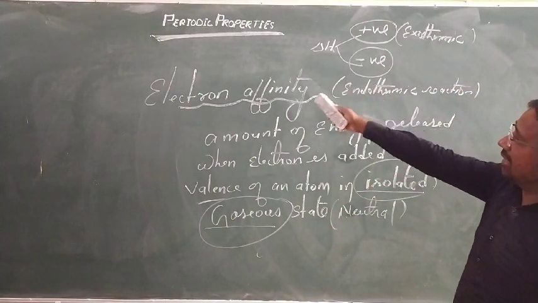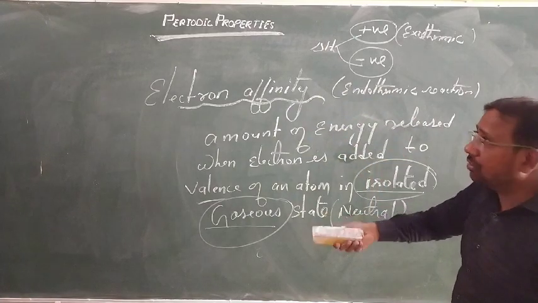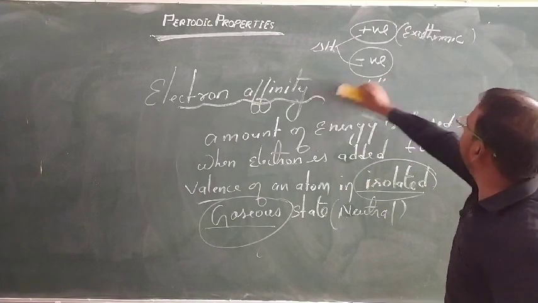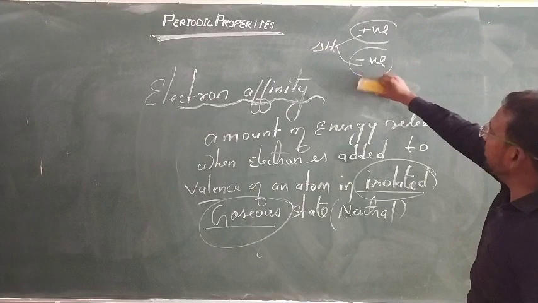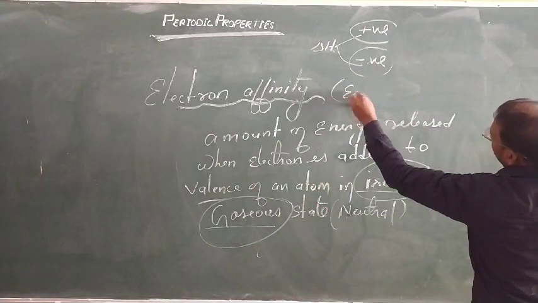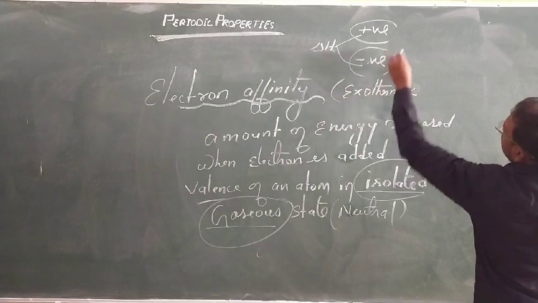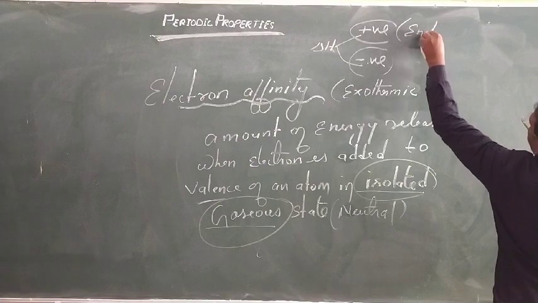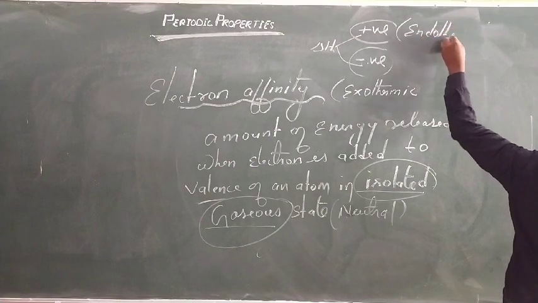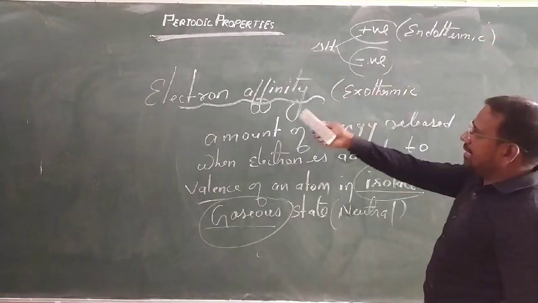So in the case of electron affinity, energy is given out, so it is negative for an exothermic reaction and positive for an endothermic reaction. Sorry, it was just a confusion.